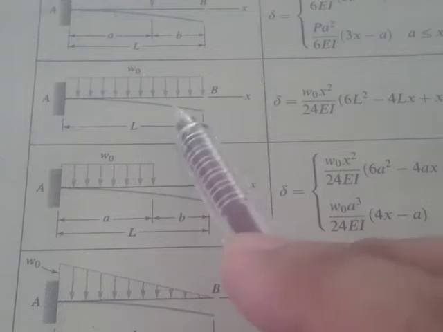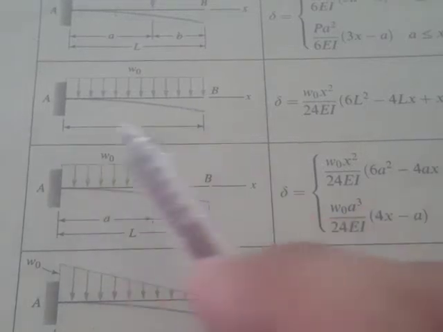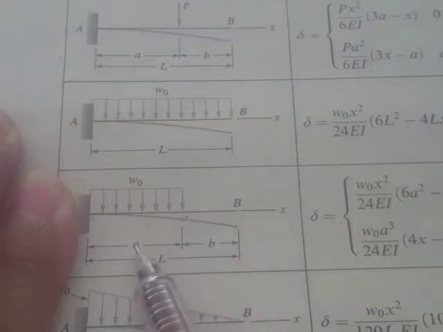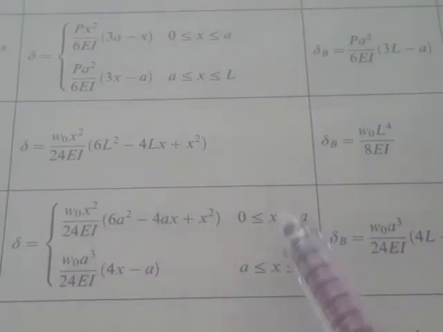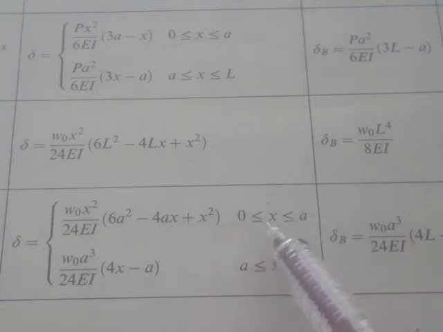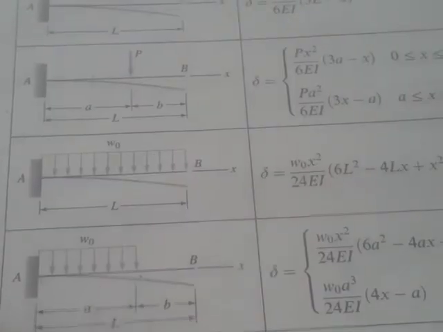Okay, and right here we also have uniformly distributed loads for a cantilever beam. Now this distributed loading must be at this distance a, and b is the portion where there is no loading. We are also given these conditions: if you want to find the deflection anywhere from 0 to point a, then we will use this equation.